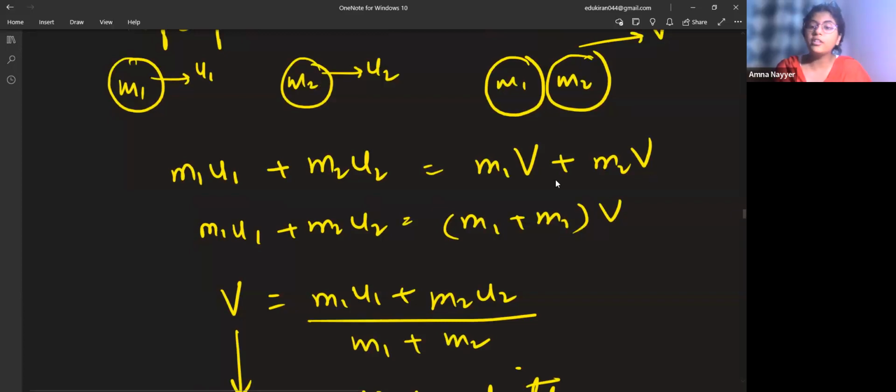So instead of having v1 and v2 separately, we have a common velocity v. That common velocity's formula becomes (m1 u1 plus m2 u2) divided by (m1 plus m2). In the same derivation of elastic collision, we had v1 and v2 separately, but now this is a common final velocity.